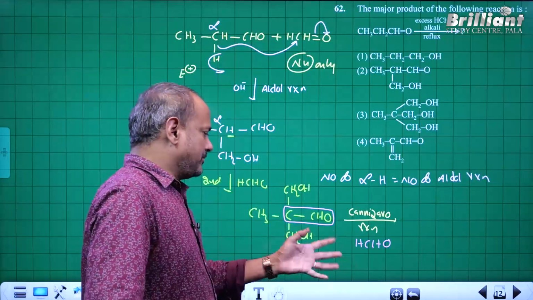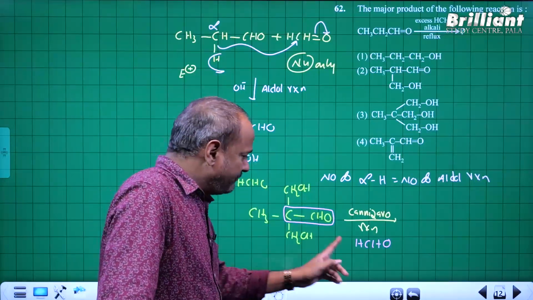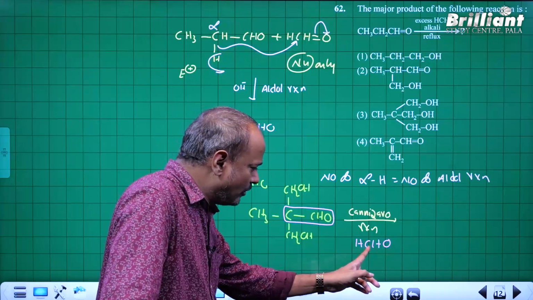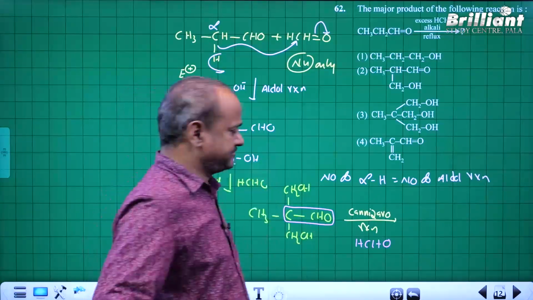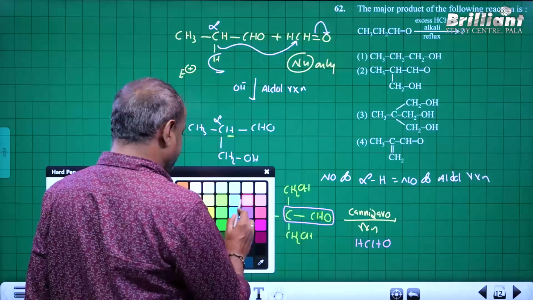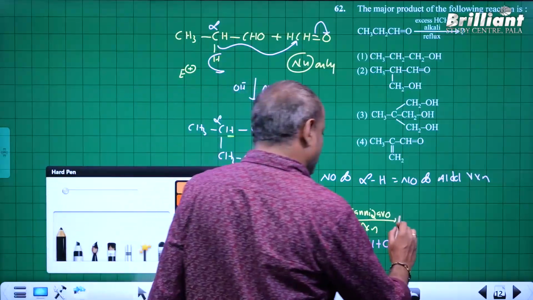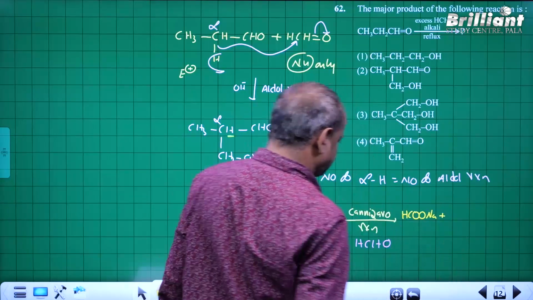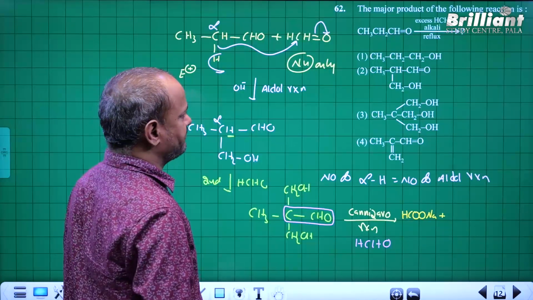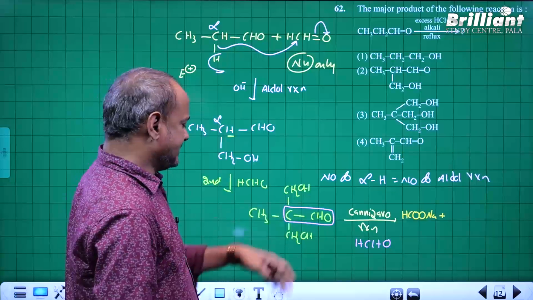So both of them do not have alpha H. But out of these two, aldehyde, formaldehyde more reactive. This must undergo oxidation. This will undergo reduction. So formaldehyde undergoes oxidation, formic salt, suppose NaOH base. And this is reduction into alcohol.